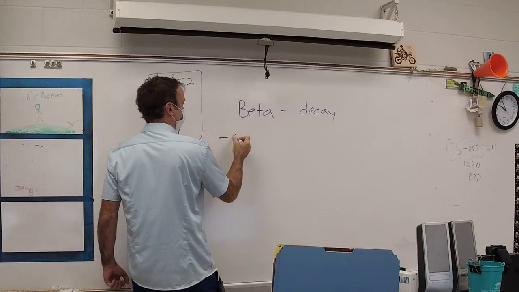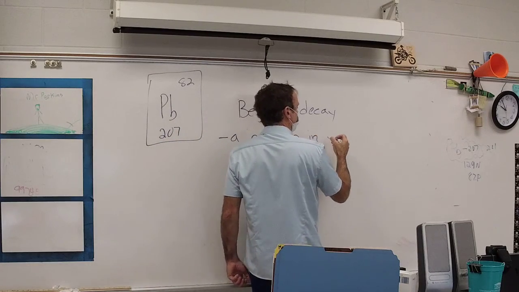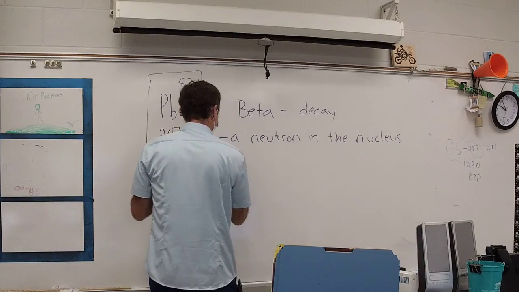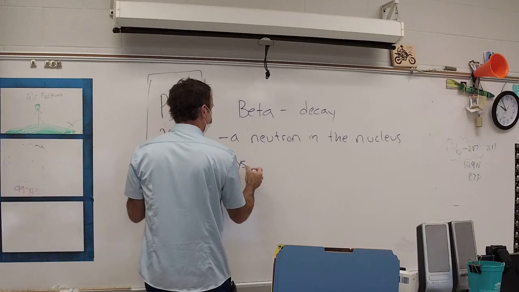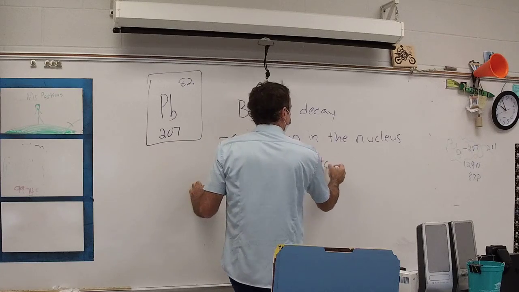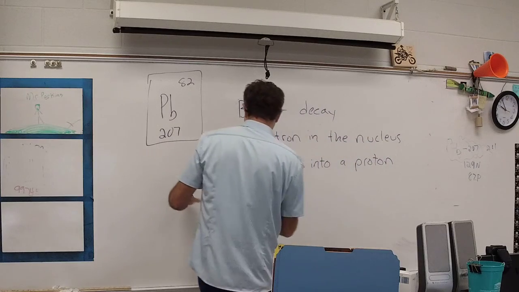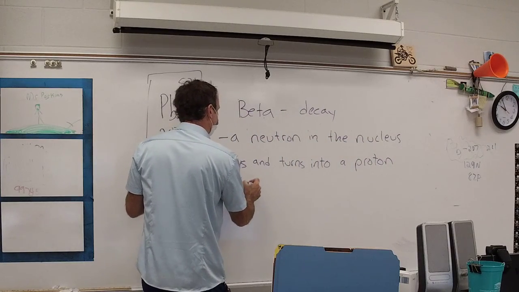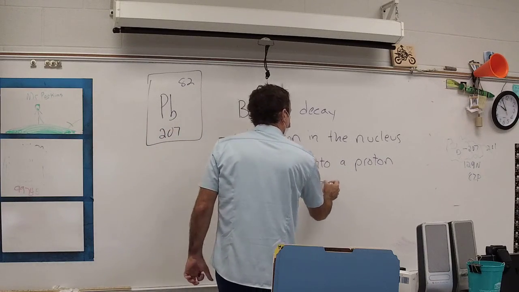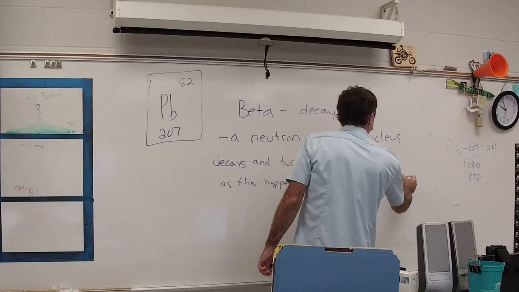In beta negative decay, a neutron in a nucleus decays and turns into a proton. As this happens, an electron is emitted.